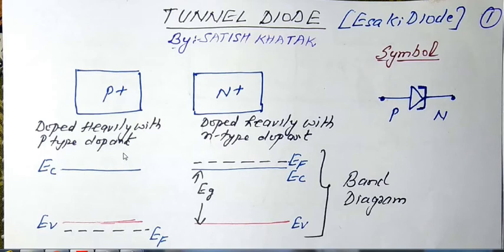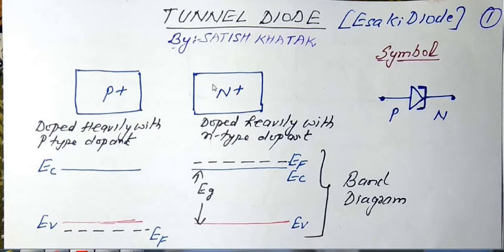Also, this P sample is doped heavily with acceptor impurity or P impurity. So the Fermi level, this EF, when this is degenerated, is below the top of the valence band. Here we are having the valence band and this is the Fermi level.